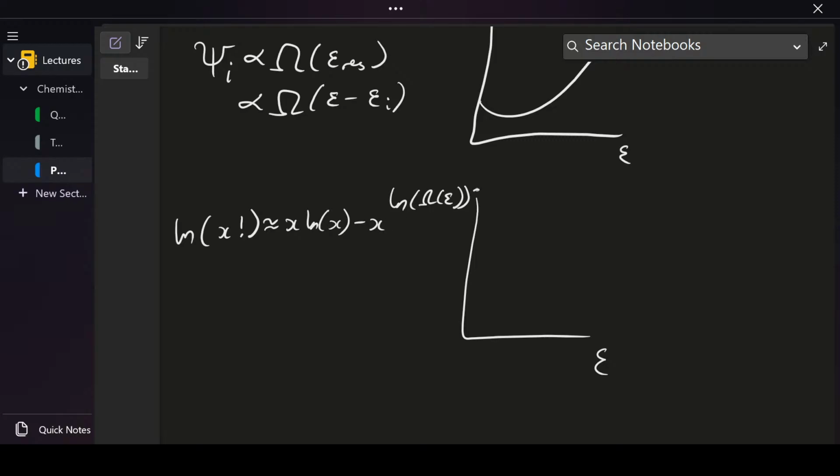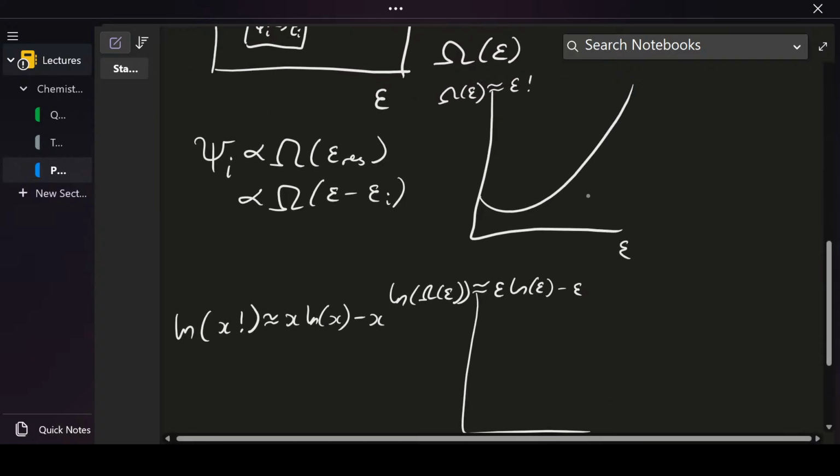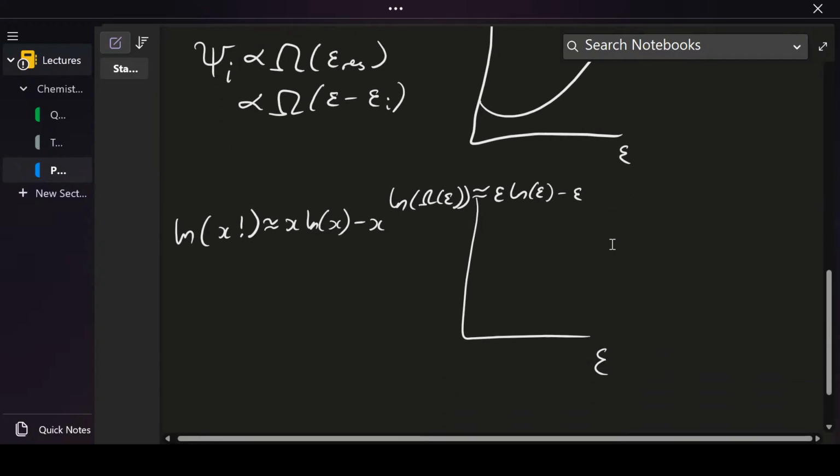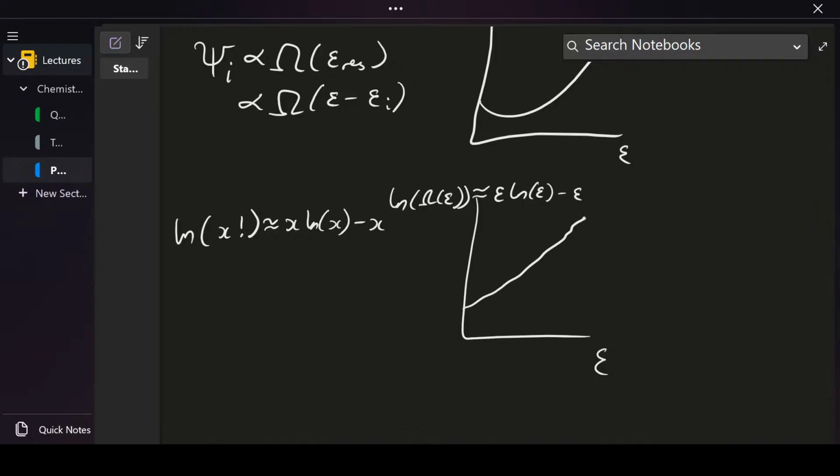This is just a trial function. This isn't actually what omega is equal to. But we're going to find that when epsilon is very big, since the logarithm doesn't change that much, this is going to look roughly like a straight line with a very slowly increasing gradient.